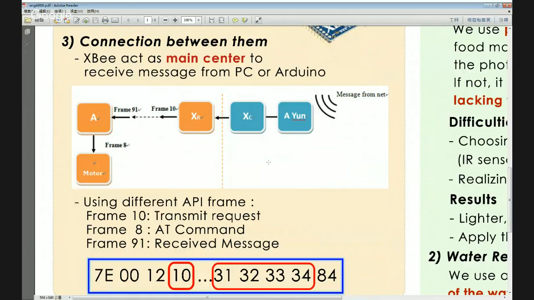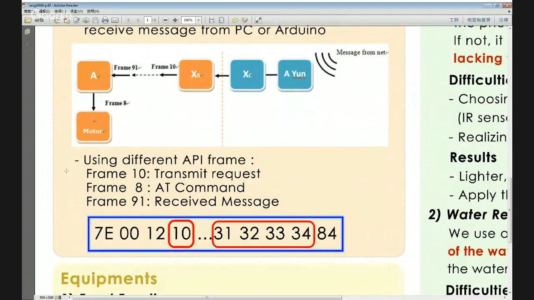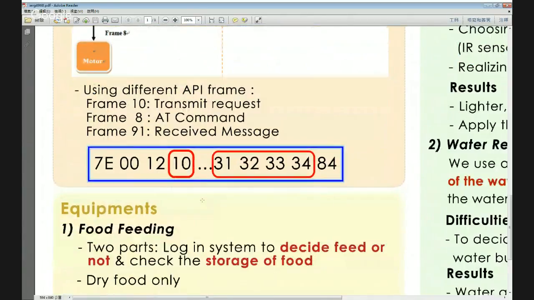We have a start delimiter and the length, then the frame type, and it can send out the RF data, which is represented in ASCII code. The RF data is the main part that decides what to do.